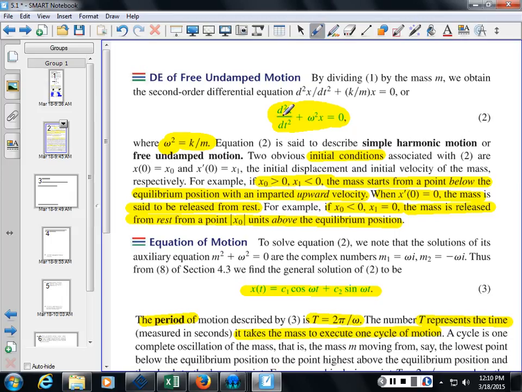And so it's that second derivative, which I just called x double prime for simple notation. When you solve that using your differential equations, you get x of t equals c sub 1 times cosine omega t plus c sub 2 times sine omega t. Yes, sir. You got it? Okay, okay.